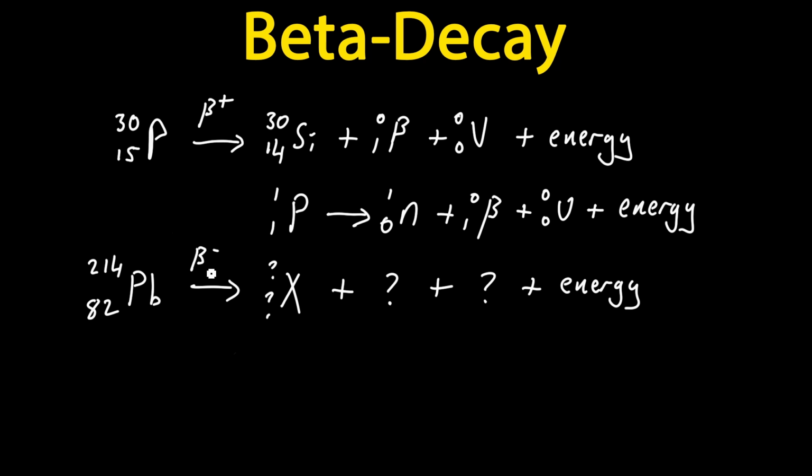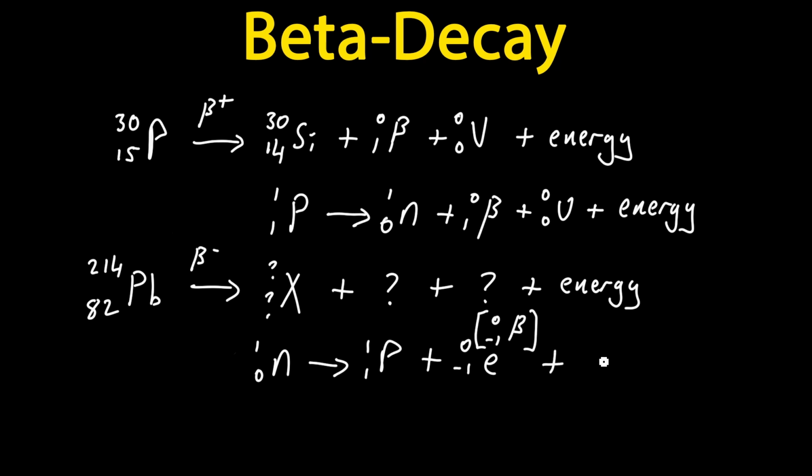When we have beta negative decay, a neutron in the parent nuclide gets converted into a proton. So we've got a neutron here that gets converted into a proton, and we're ejecting an electron, which we can also write like this, plus an anti-neutrino.